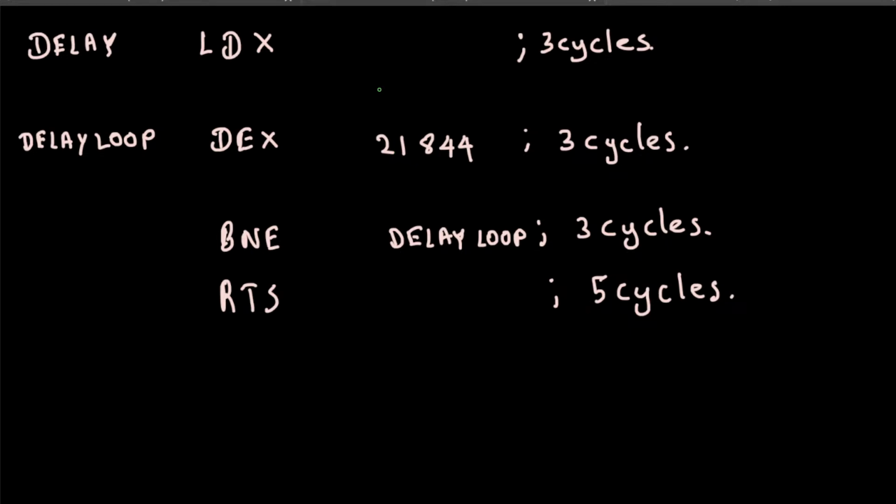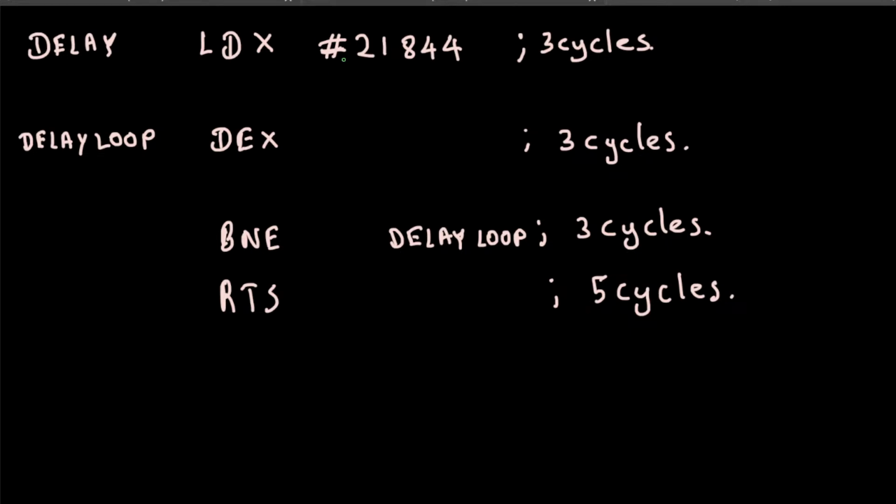Actually, not here, in the loading value. 21,844, and to make sure this is a decimal value, we just put a number sign. If you don't put a number sign, it's going to represent the address, so that's going to be a different story. So to make sure it refers to a decimal number, we put a number sign right here.